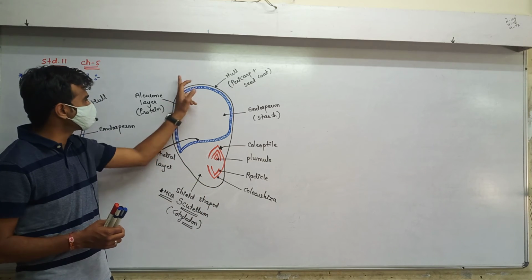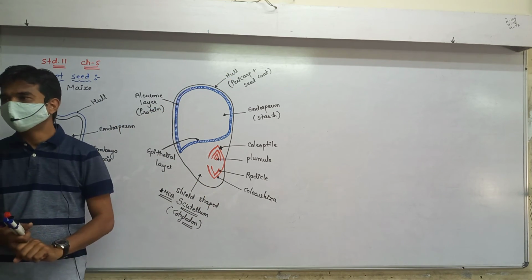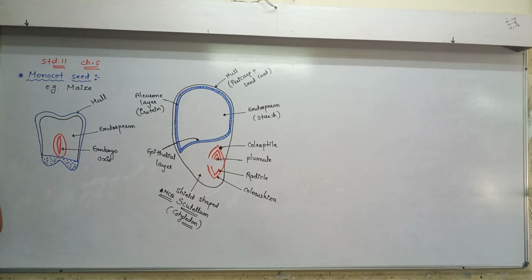Let's see this in detail. The outermost layer of the seed is known as hull. Hull is nothing but the fusion of two layers, the fruit wall and the seed coat. The fruit wall, that is pericarp, and the seed coat are tightly united together. We are not able to separate them.